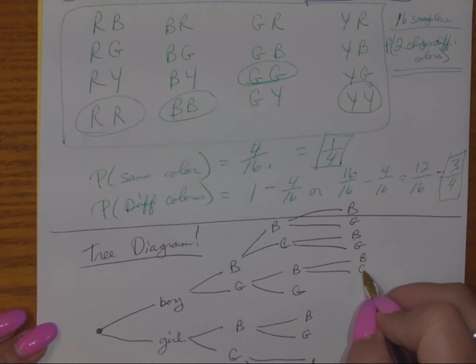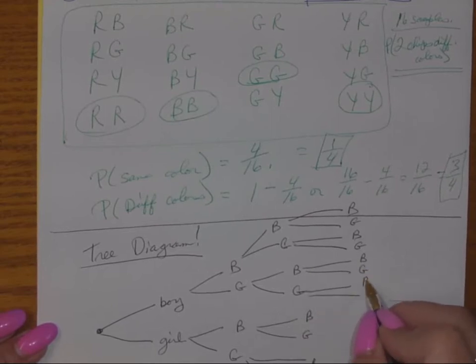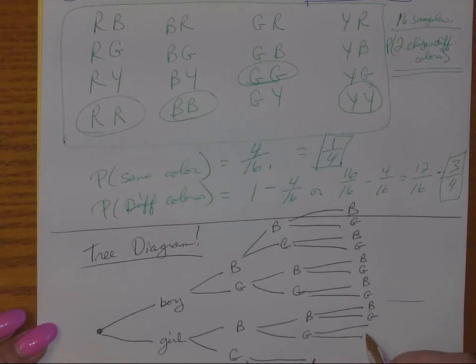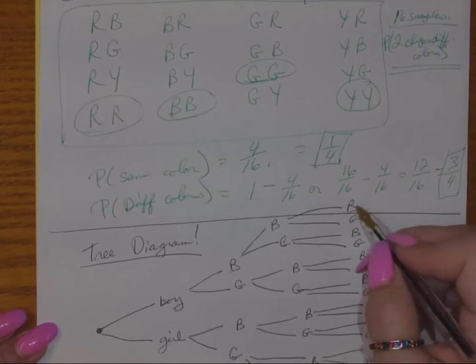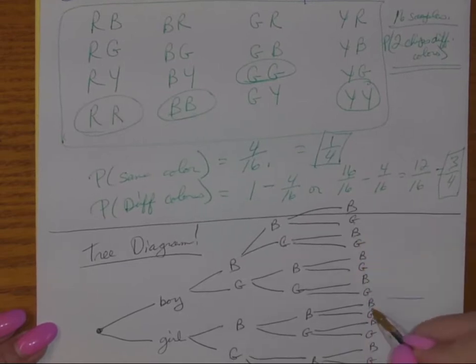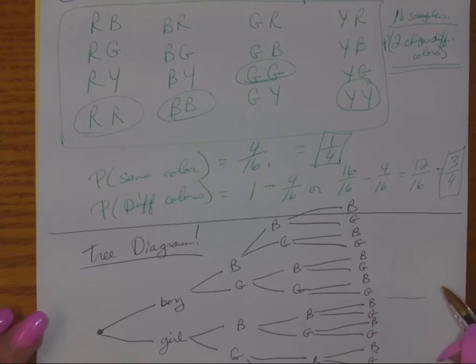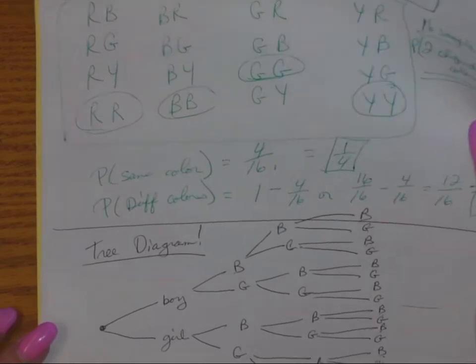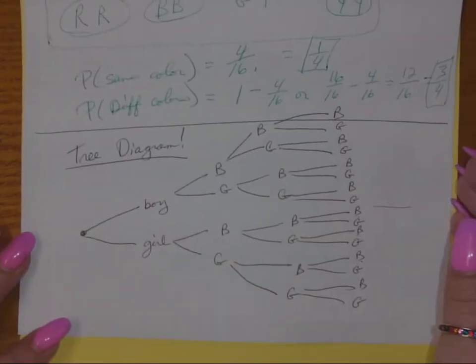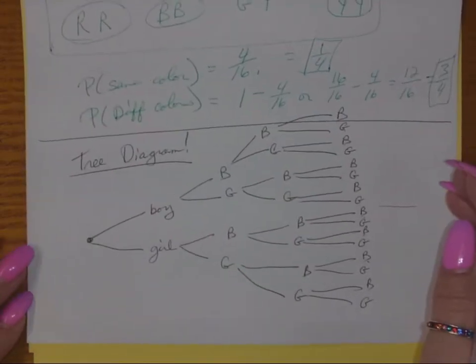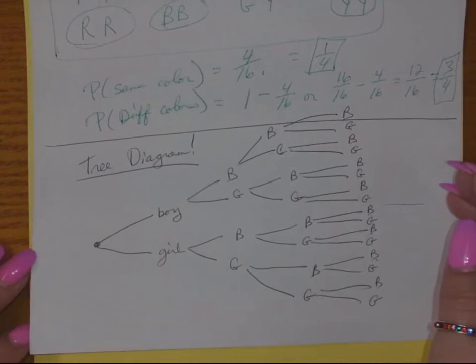And remember, we should have a total of 16 paths here. Okay, so 2, 4, 6, 8, 10, 12, 14, 16 paths. And we're saying that the probability of each of these happening is 1/2. You've got a 1 in 2 chance of having a boy versus a girl. So there's 16 paths going on here.